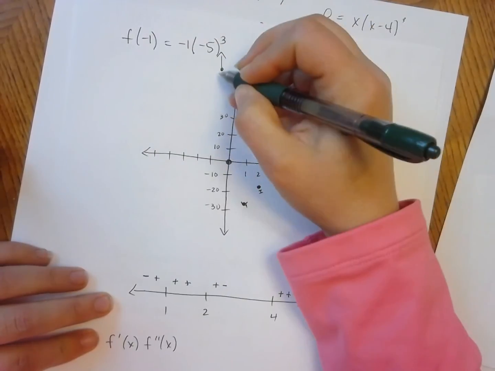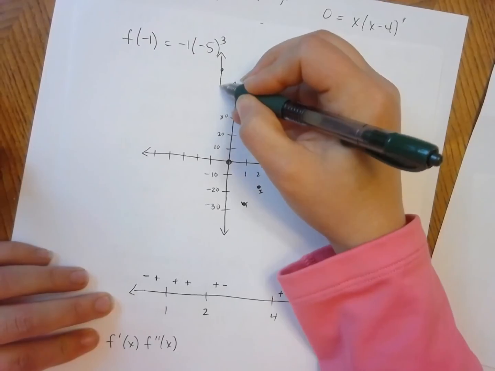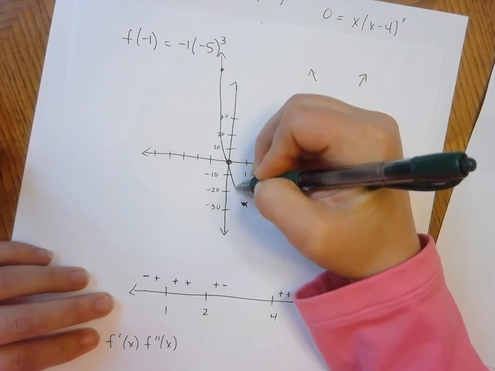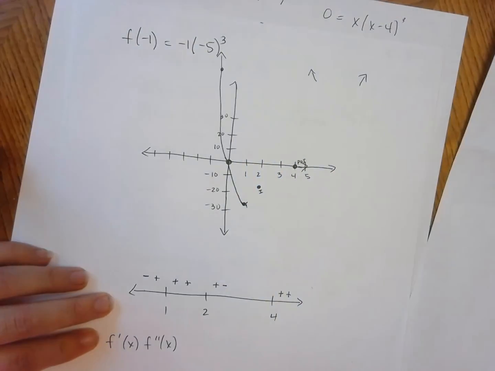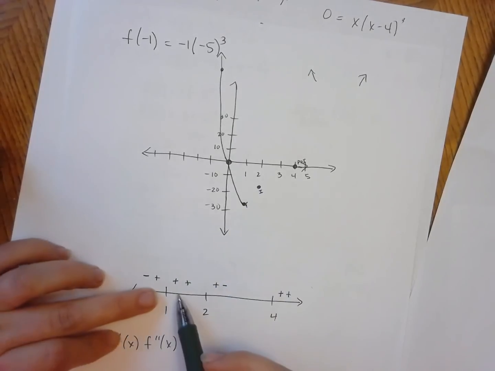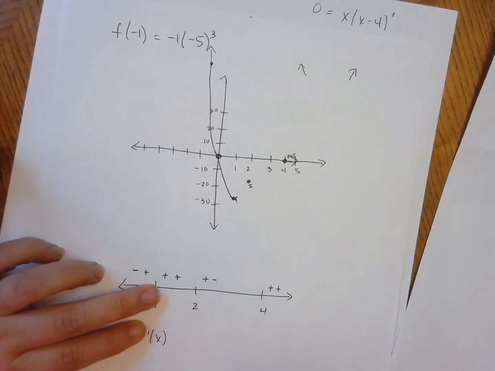So it's going to be up like this, and until I get down here to this 1, I am decreasing, meaning I'm falling, and I have to pass through that point. So I'm decreasing and concave up. Now between 1 and 2, between these 2 points, I am increasing, meaning my graph will be rising, and concave up.